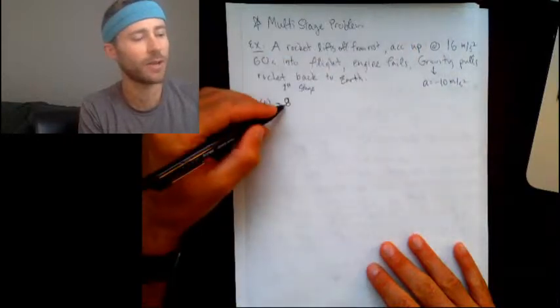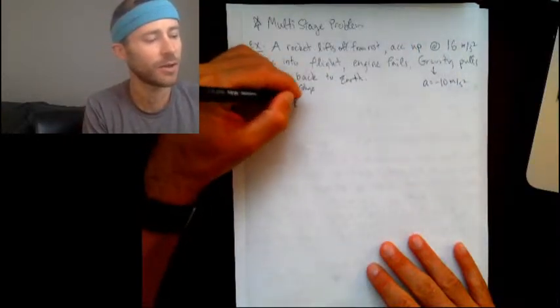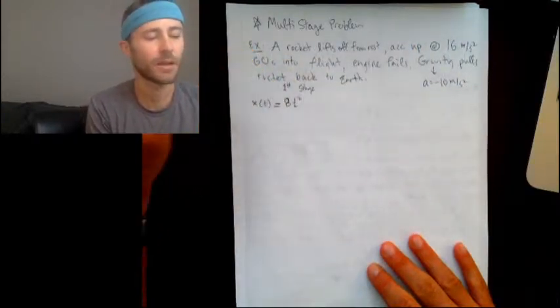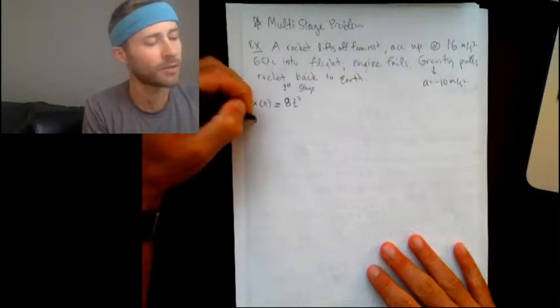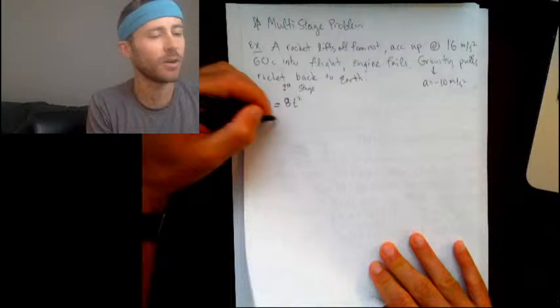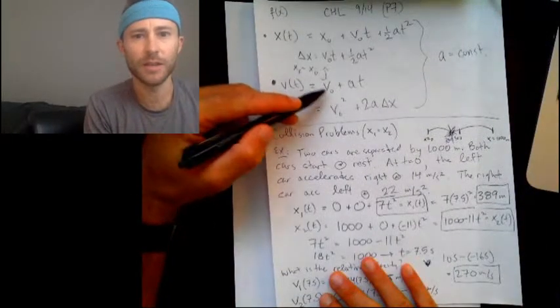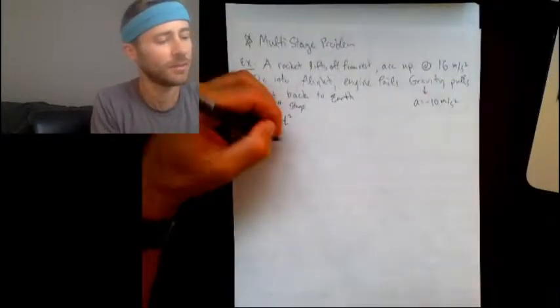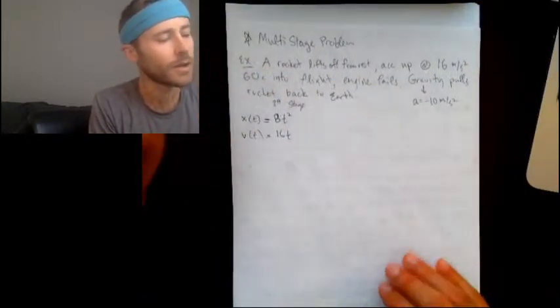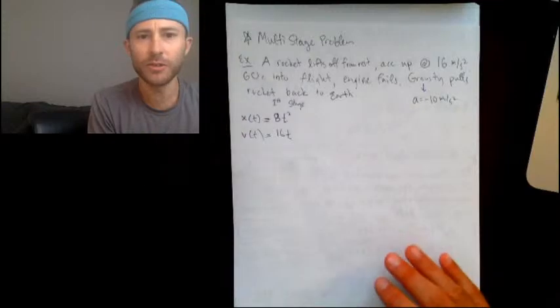So 1/2 of a is going to be 8t squared. And then the velocity as a function of time, well, the initial velocity is 0, and the acceleration is 16, so I have 16t.